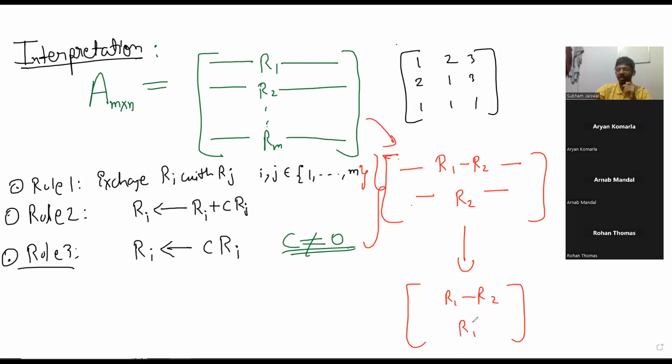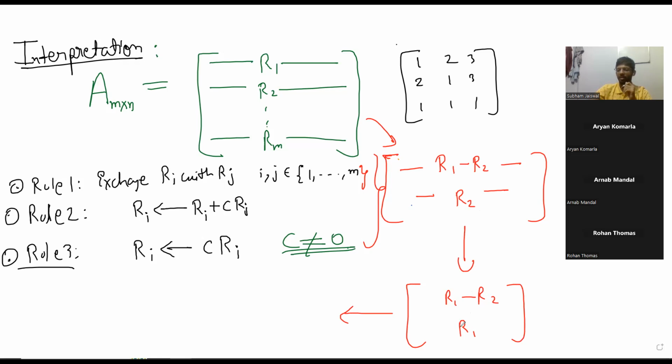So you get this, again by applying rule 2. I have just added this row with this row, so it will become R1. Just tell me if it's not correct. And then what do you do after this?